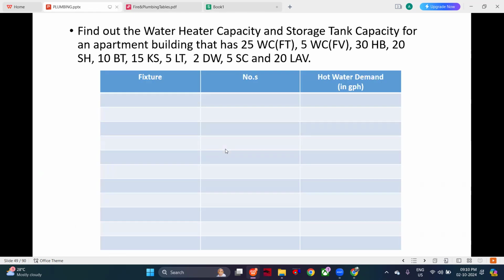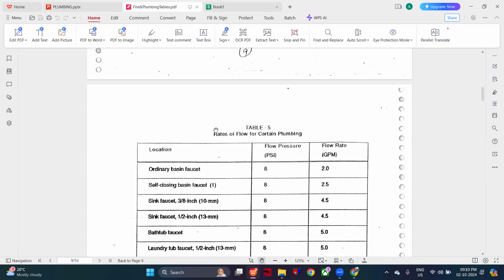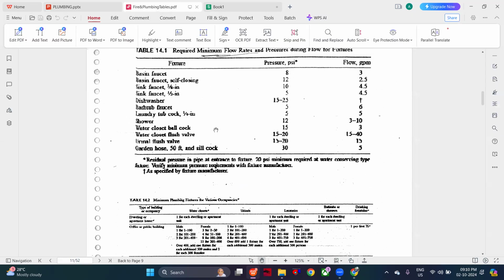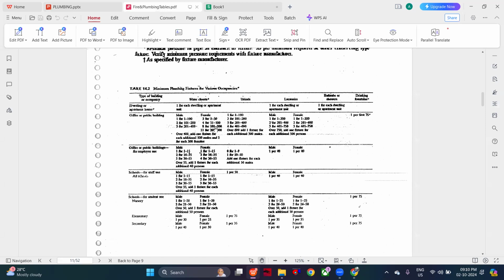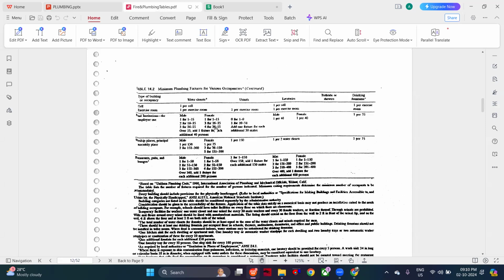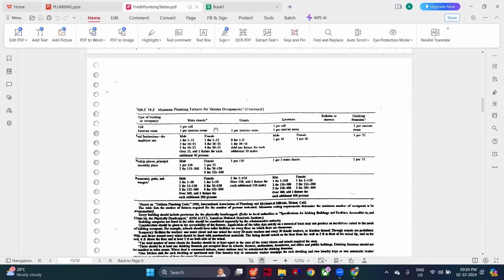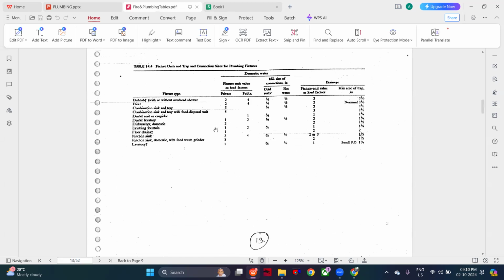Then next we talk about the water heater capacity. To find this, go with that table.